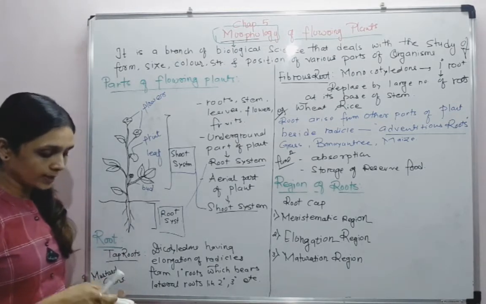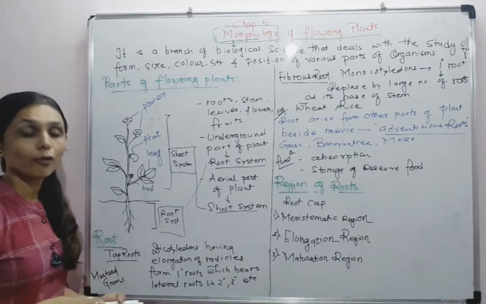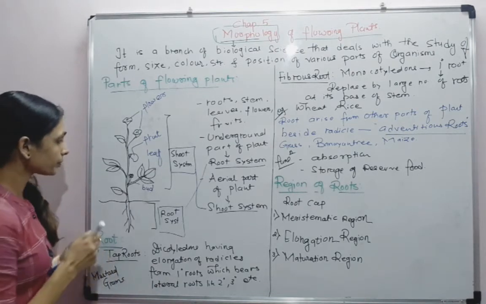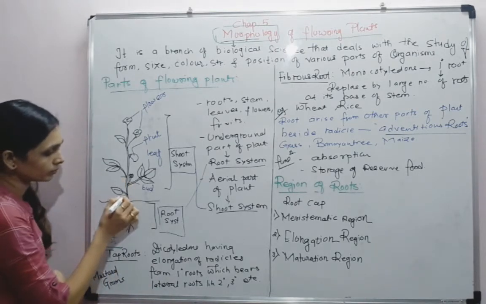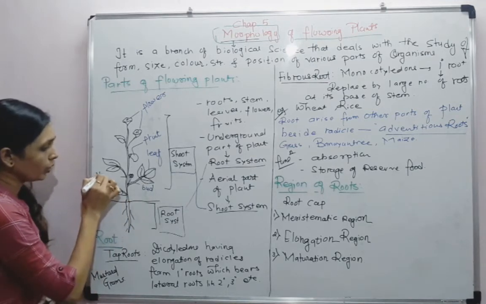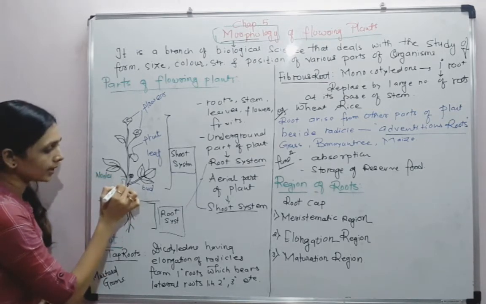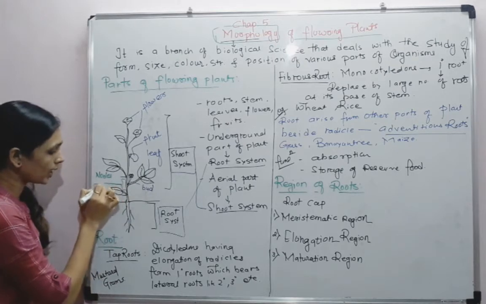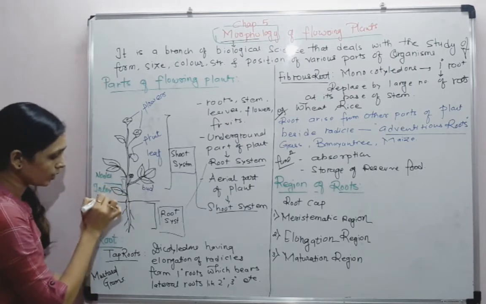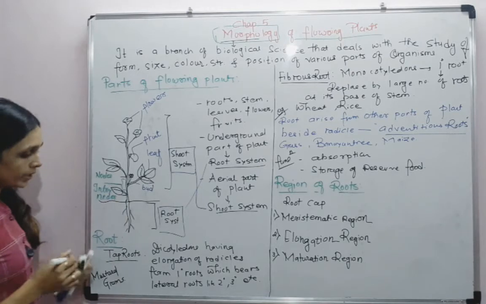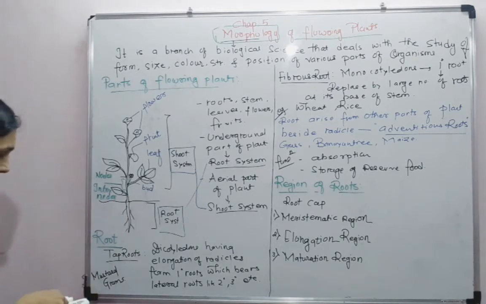Before the flower opens, it is there in the form of a bud. Then nodes, and the gap between two nodes is known as the internode.